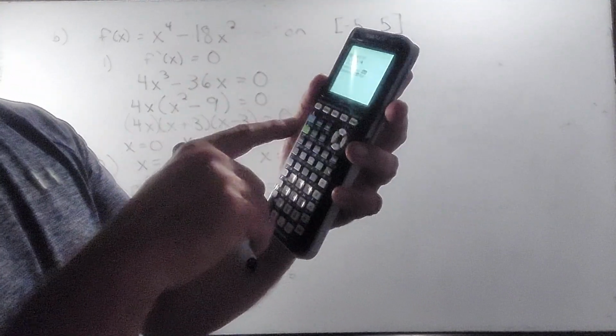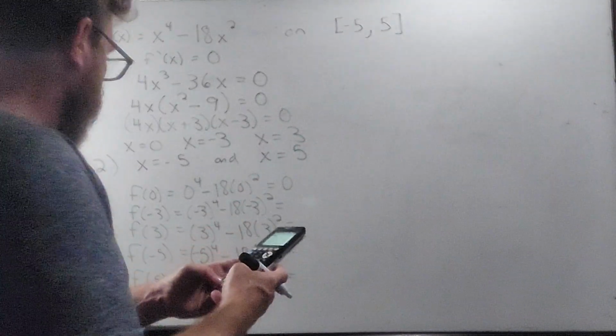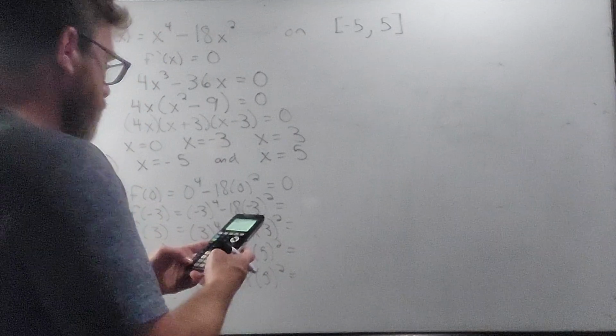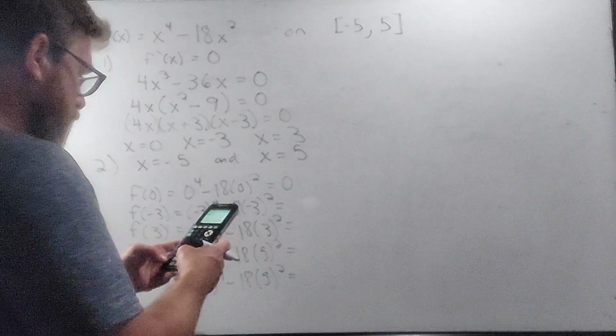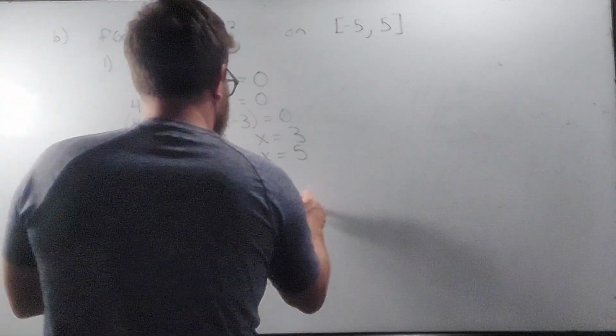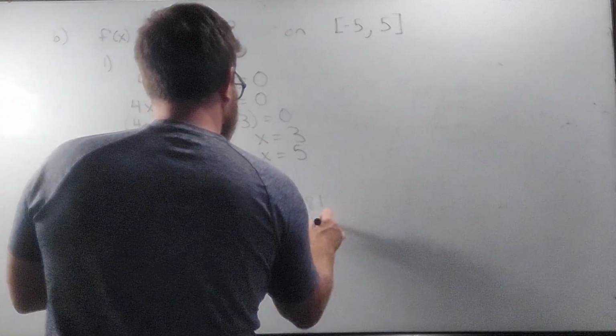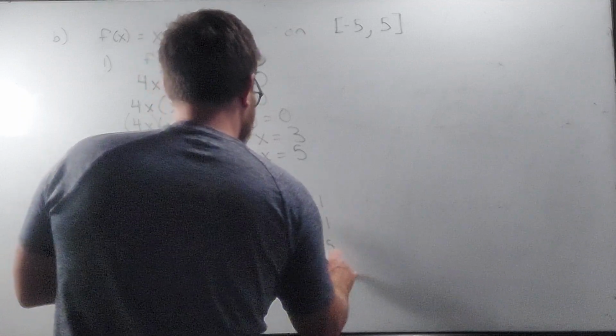So just tab down, make sure it says ask. So, second table, I'm just going to plug in these numbers. I know what 0 is, so -3, 3, and you'll see I get the same thing. It's an even function, so -5 and 5, same numbers. So I get -81 for both of these, and I get 175 for both of these.